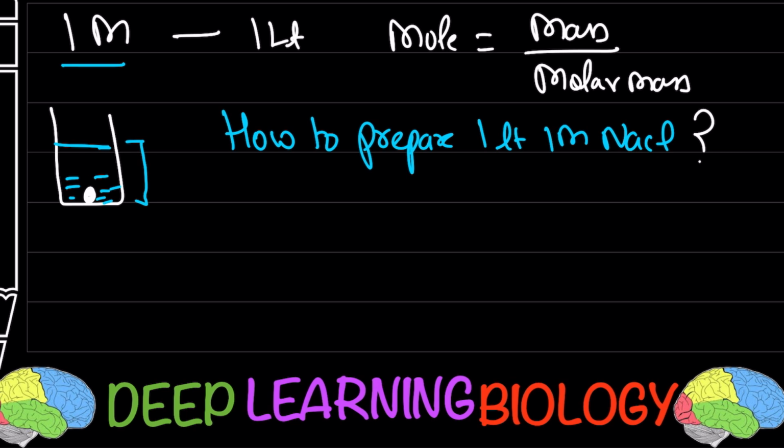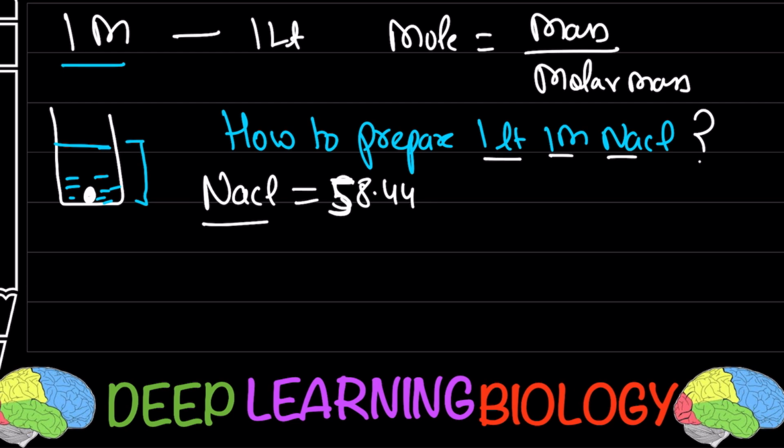Now try to see here. NaCl has this gram molecular weight, or you can say molar mass, 58.44. Now how to prepare 1 liter 1 molar NaCl?